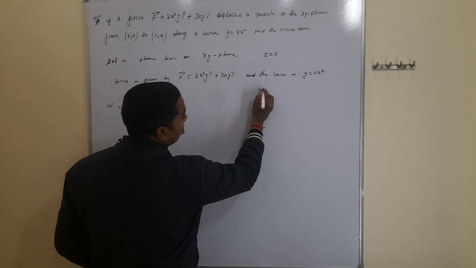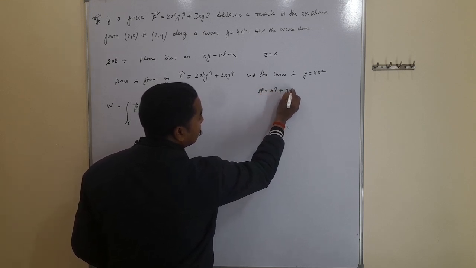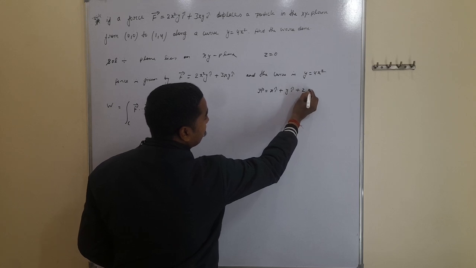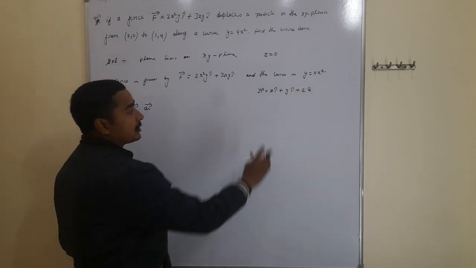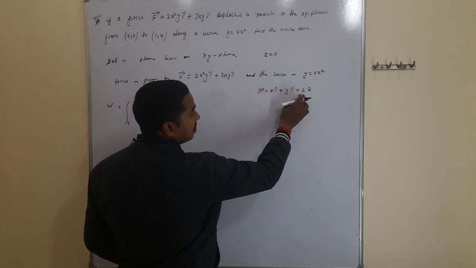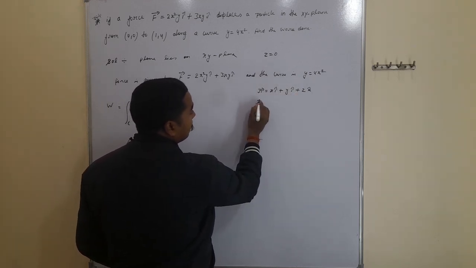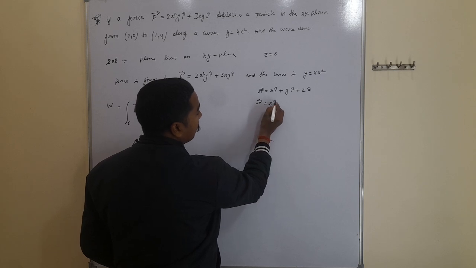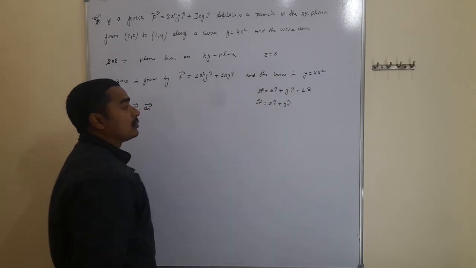We know that r vector is equal to x i cap plus y j cap plus z k cap, but according to the question the plane lies only on the xy plane, so we neglect the z component. So r vector is equal to x i cap plus y j cap.